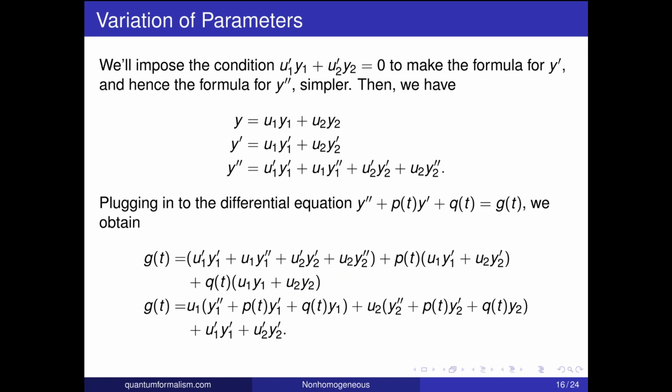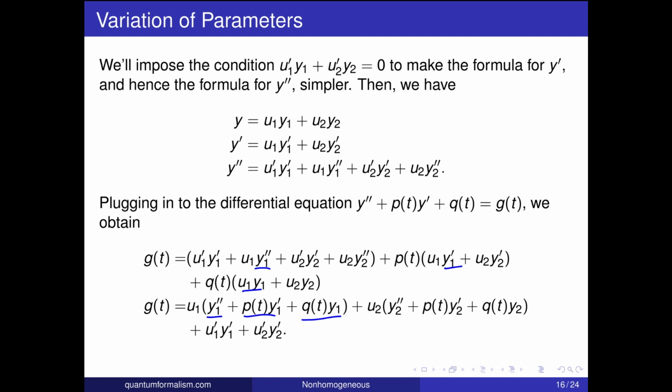And now let's collect all the terms with just a u1 and all the terms with just a u2. So the u1 terms, here's one, u1 y1 double prime. Here's another one. That'll be p of t times y1 prime. And then here's another one, q of t times y1. All right, and then something very similar for y2. So we'll get our u2 and y2.